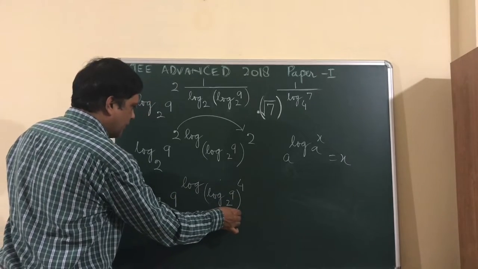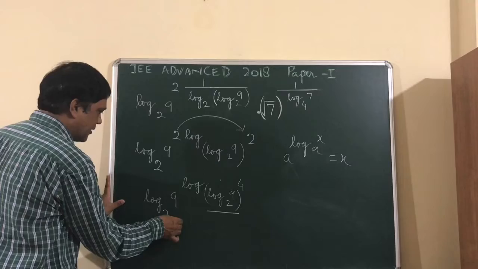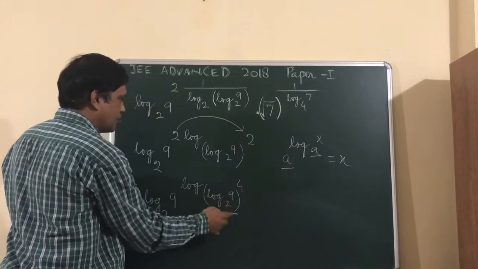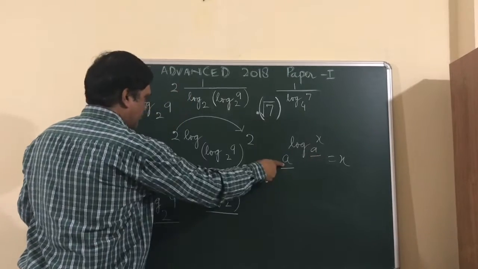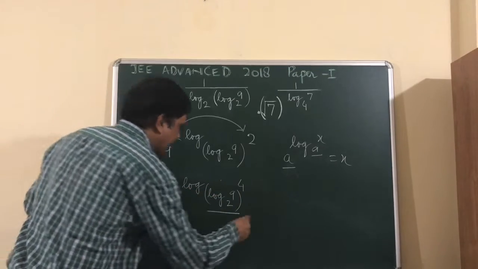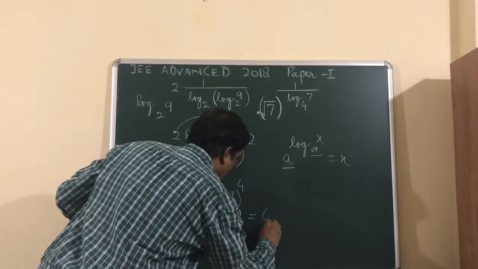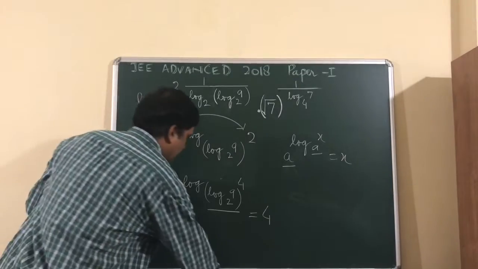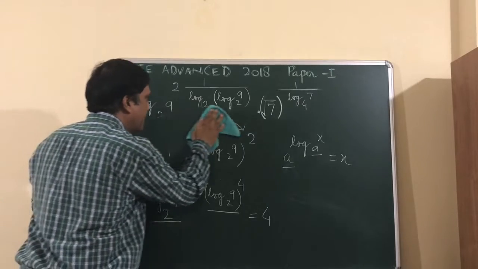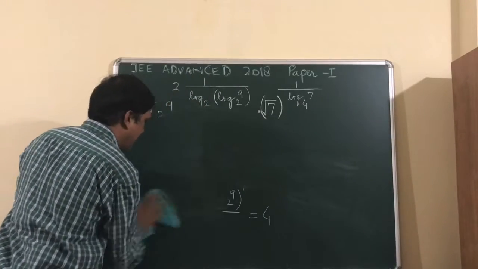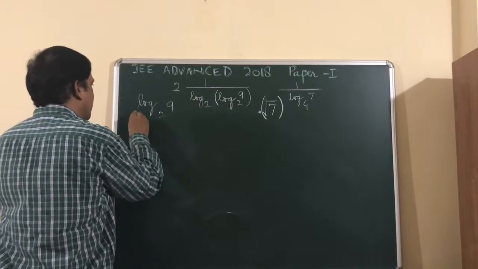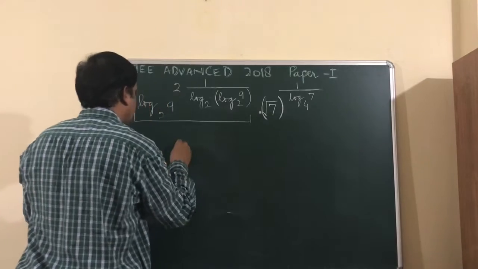Now you see this base and this are the same. If I take this log 9 base 2 as a, you can see a there and a there. So this is a raised to the power log 4 base a, so we can write this number is equal to 4. So the first part of this problem becomes 4.